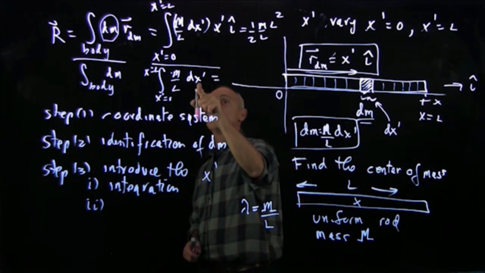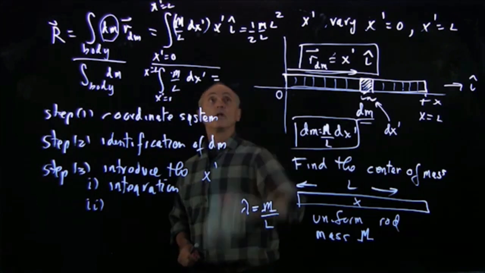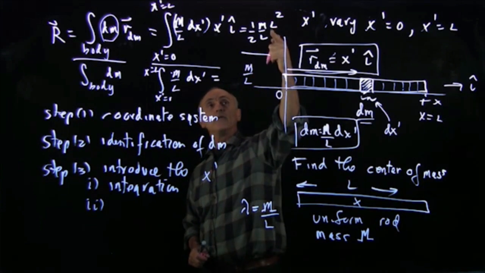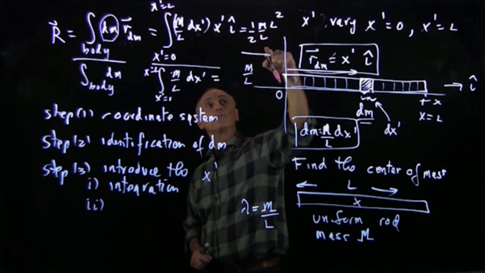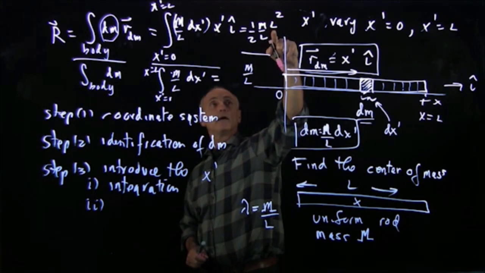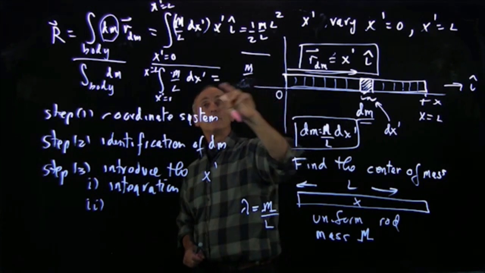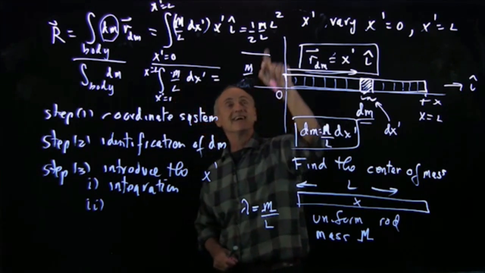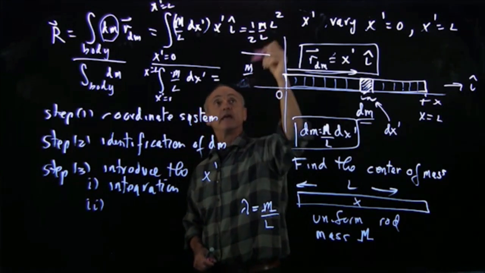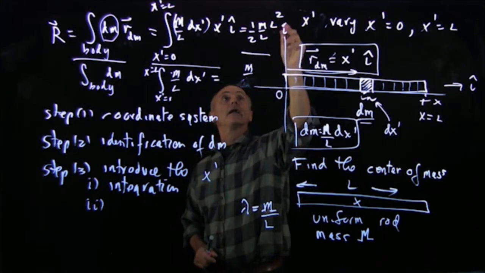And downstairs, dx prime from 0 to L is just L. So the downstairs integral is just M. So the M's cancel, one of the L's cancels, and we have an i hat in this expression.